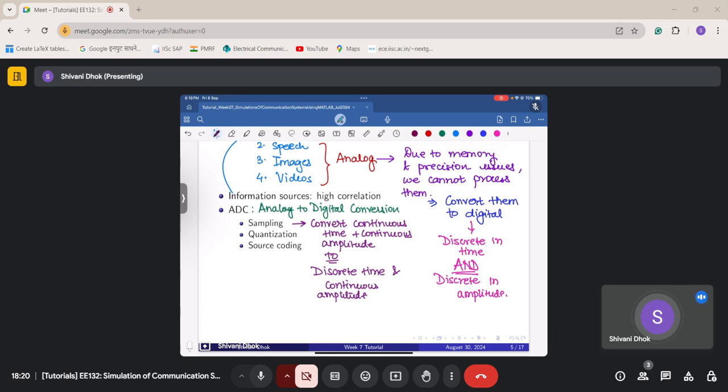So this is what sampling will do. This quantization will basically convert this discrete time continuous amplitude to discrete time discrete amplitude.